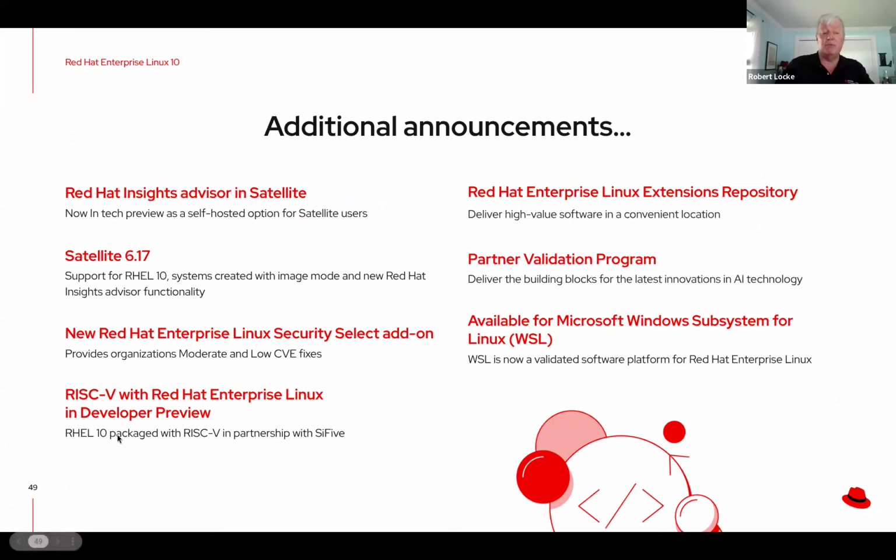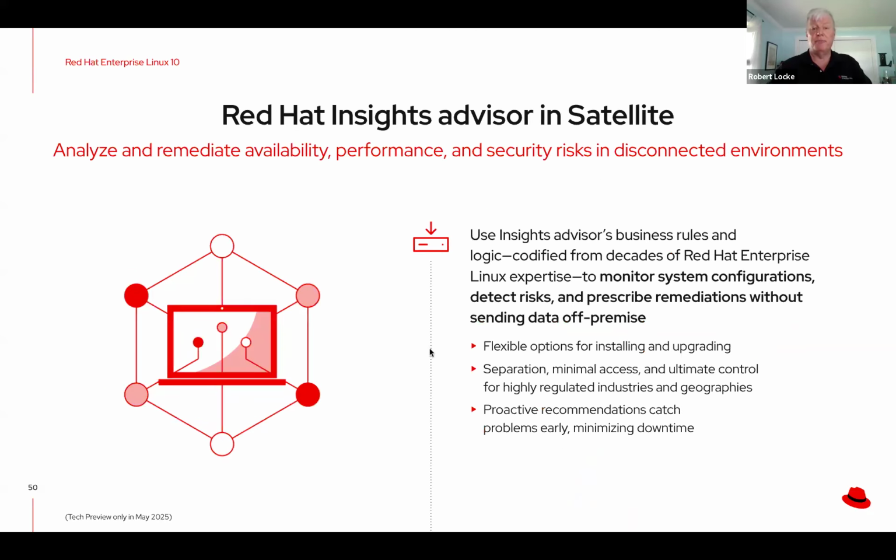The RISC-V partnership with SiFive is in developer preview. And we have a new extensions repository and partner validation program for delivering better solutions for folks. And of course, we're now available in Microsoft Windows Subsystem for Linux. We are now a validated software platform over there.